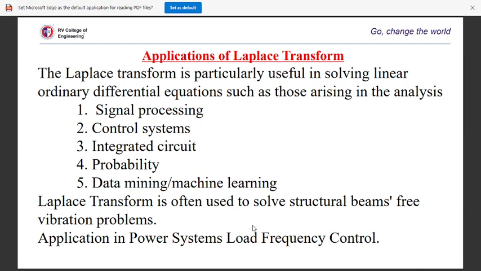What are the applications of Laplace transform? Basically, the Laplace transform can be used to solve any linear ordinary differential equations.